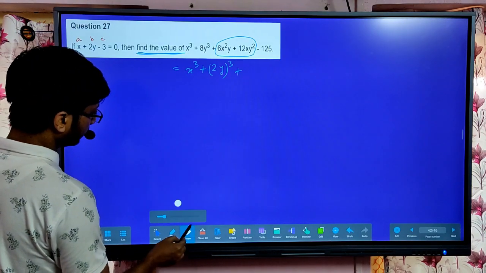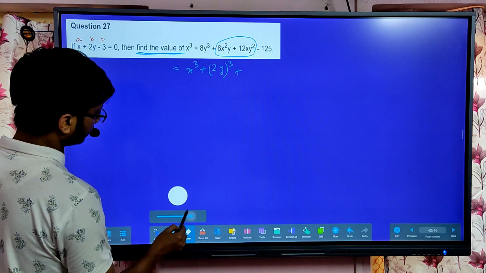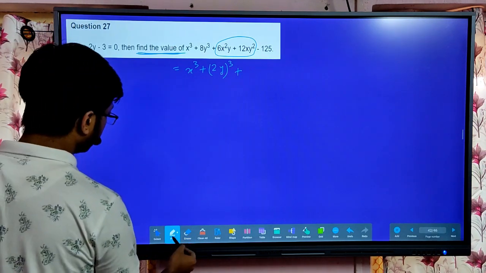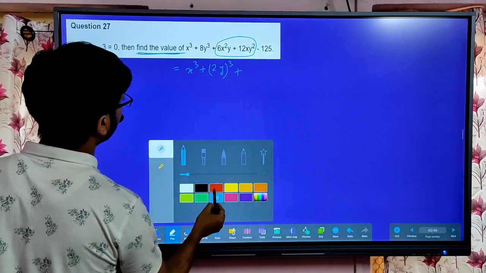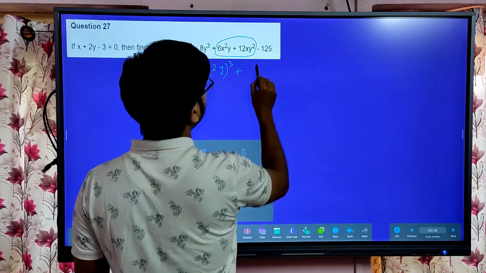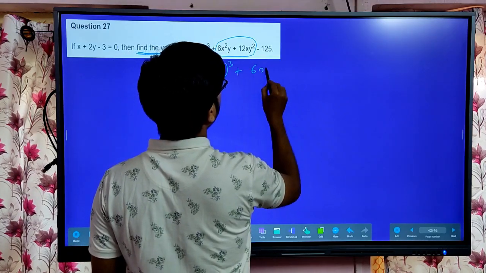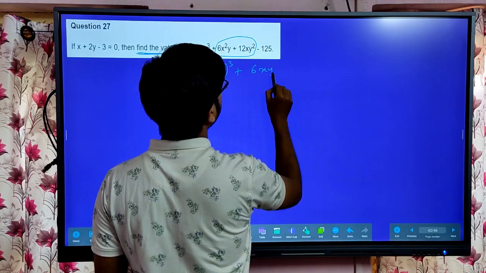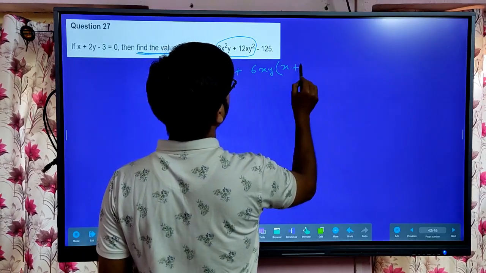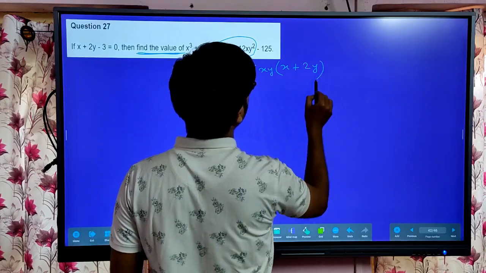Let me erase this. So from 6, I can take 6xy common. It will be x plus 2y.